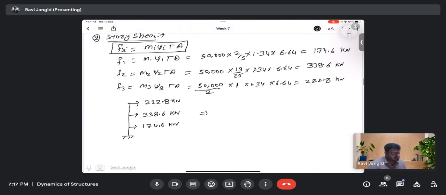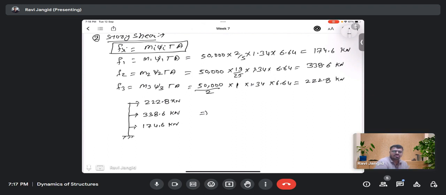Can we conclude one thing here? It's not like increasing or decreasing order, the story forces here. Can we say any statement from these story forces? No, this is not the story shear. This is the story forces, not the story shear.